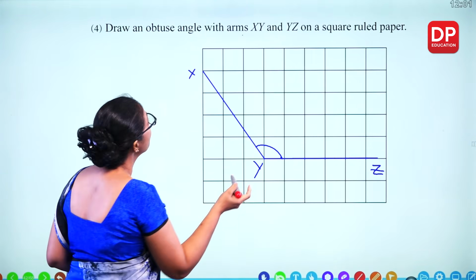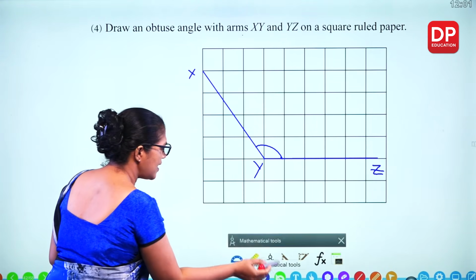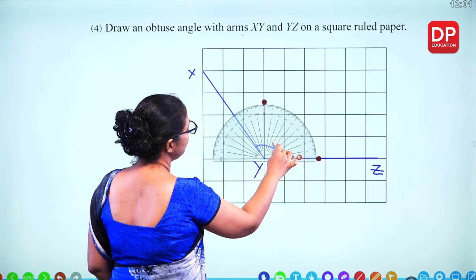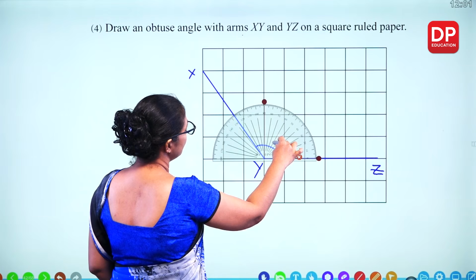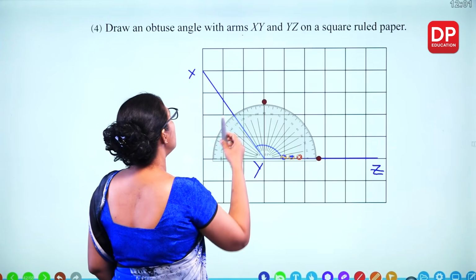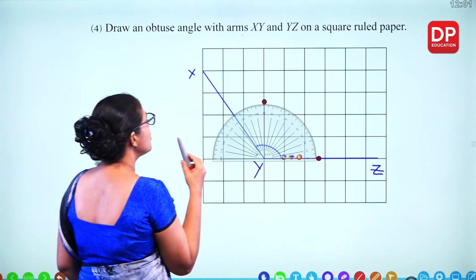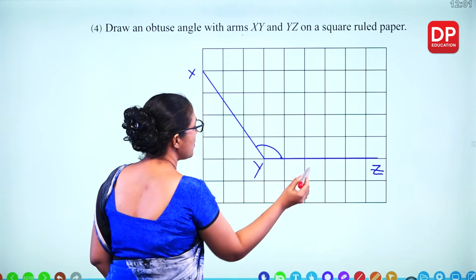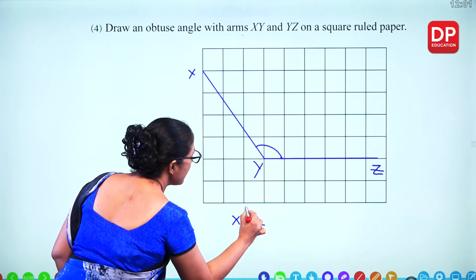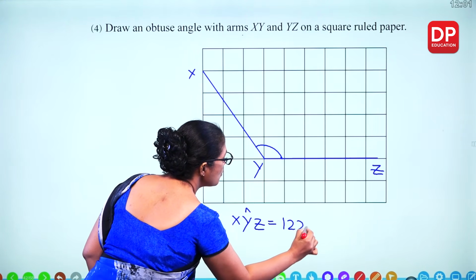So we can measure it and see what the angle is. So this is from here 122 degrees. So I can write XYZ angle is 122 degrees.